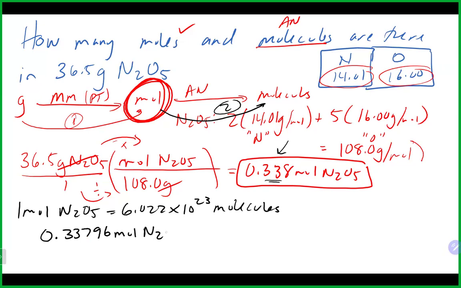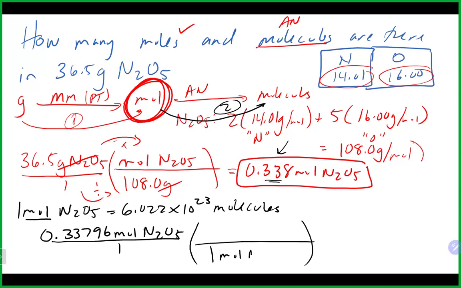That's moles of N2O5. And again, doing dimensional analysis, moles are on top. That tells me moles need to go in the opposite location, which is the bottom here. And Avogadro's number in this case would go up on top. The moles are going to cancel. Once again, we're multiplying and dividing here.